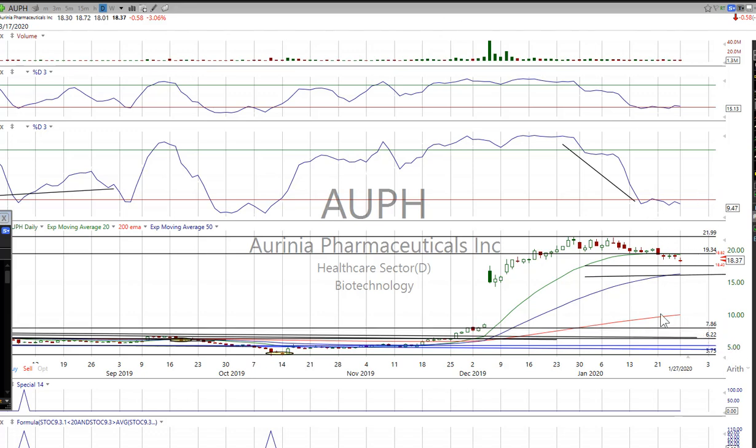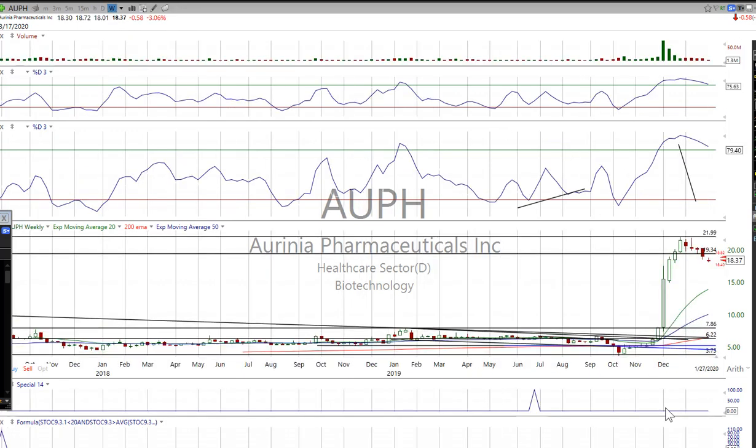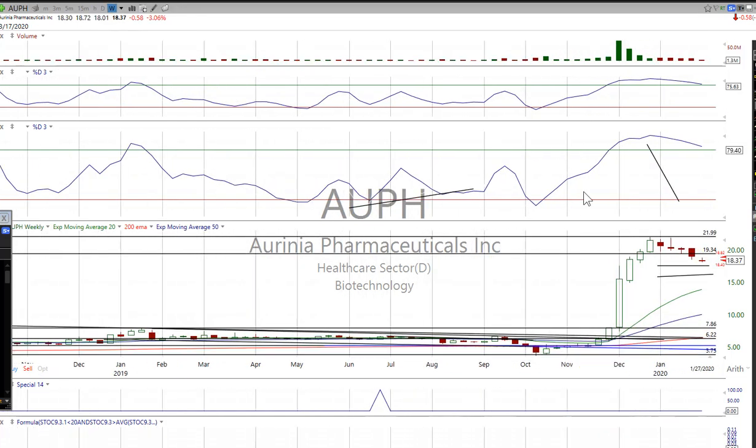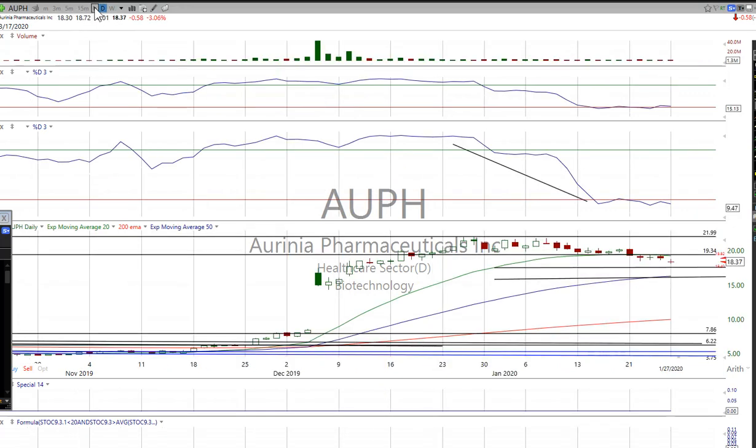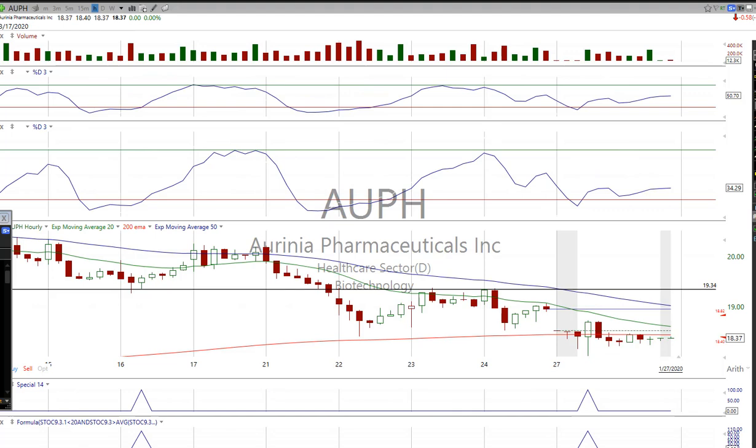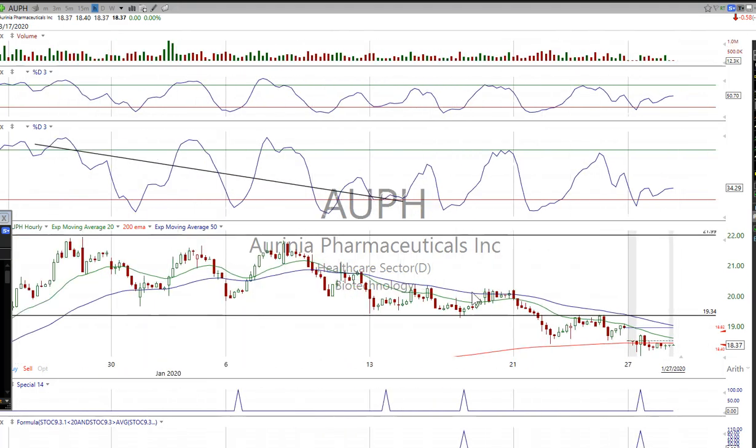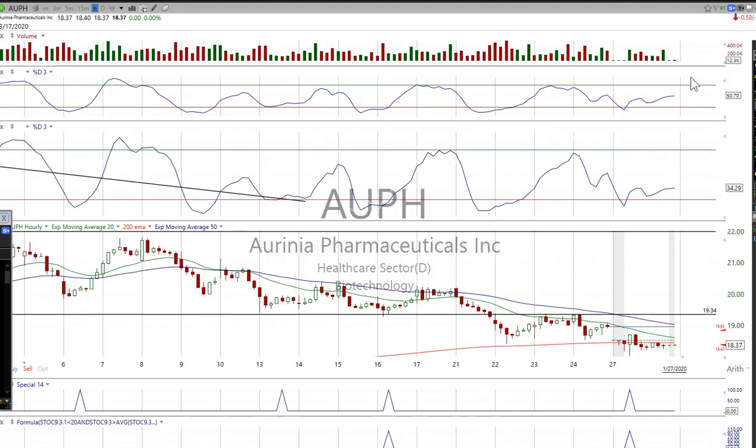A couple positives here. We're oversold, but it's kind of embedded in the oversold, which counteracts that. The weekly here, can't do much about that. Still very bullish. 60-minute time frame, not giving us much here on the 60.